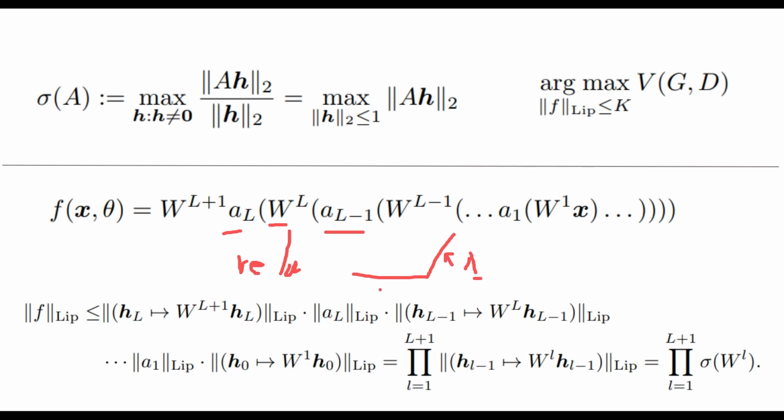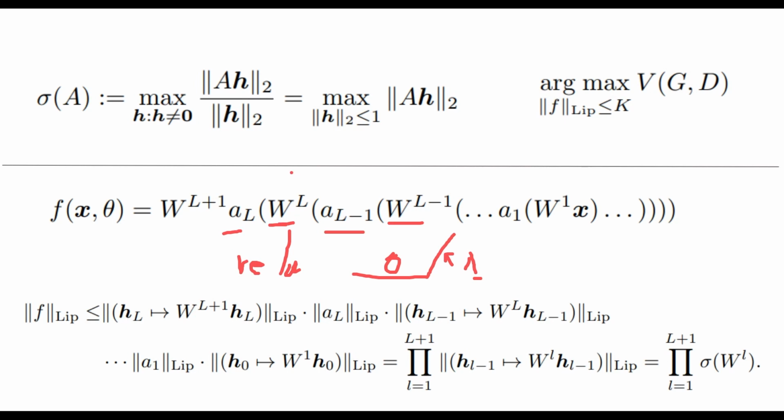And at this part, the derivative is 0. So it is clearly bounded and less than or equal to 1. So that's okay. Plus, they have no parameters. We can do nothing about it. So the only thing we need to worry about is the linear part.